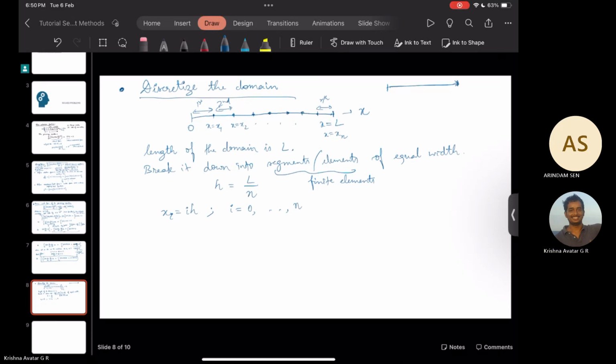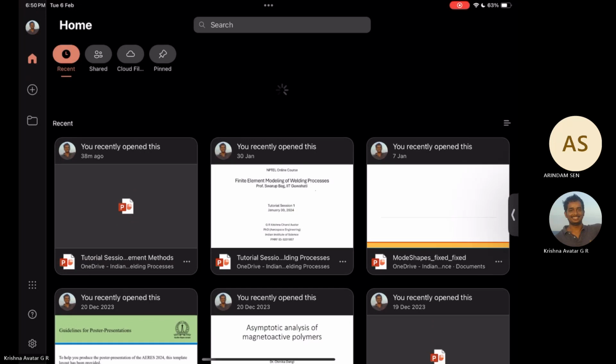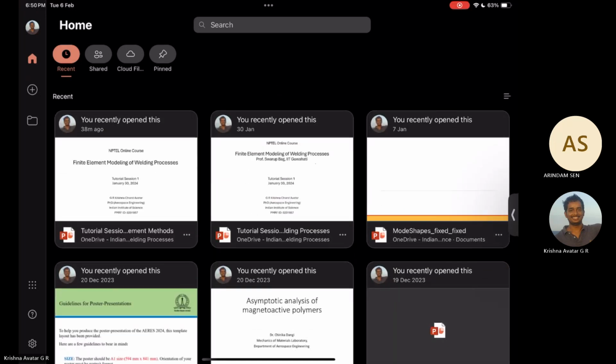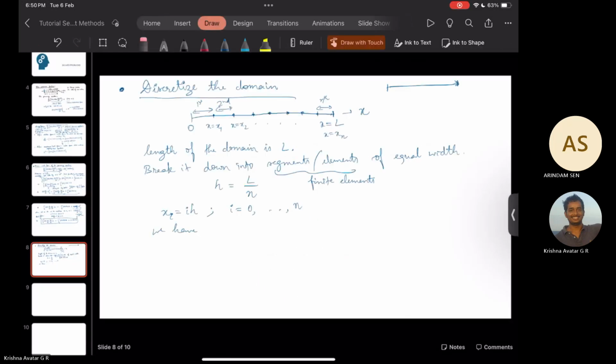Okay. So which means that we have n plus 1 nodes, and n elements, as I have mentioned already.